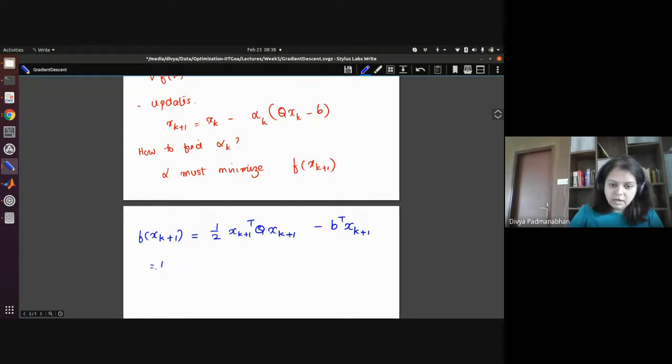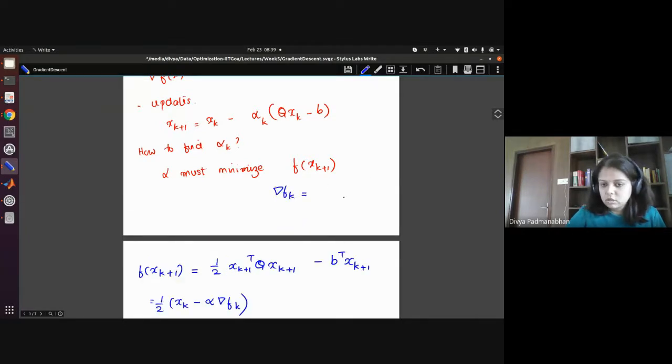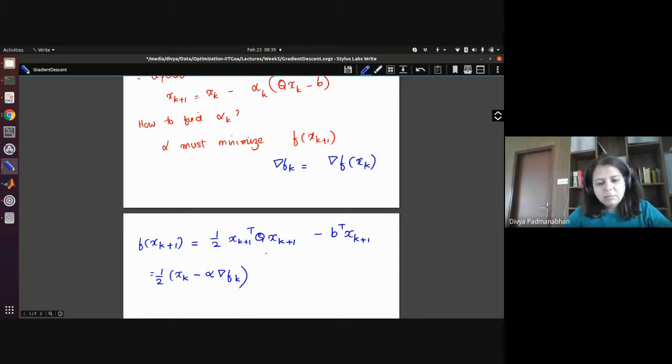So this is going to be half (x_k minus alpha grad f_k) transpose Q (x_k minus alpha grad f_k), where grad f_k is shorthand for the gradient of f at x_k. This is going to be a little bit of algebra, but let's do it so that things get clear.